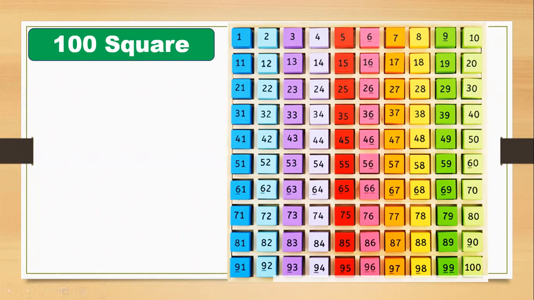Our number is finishing at 10, so this is our first decade. 20 is our second decade. Here you can find the decade numbers, the multiples of 10.